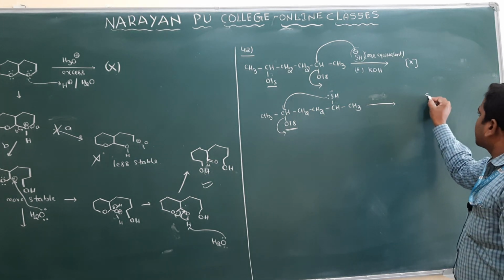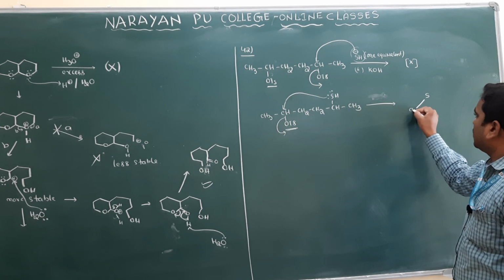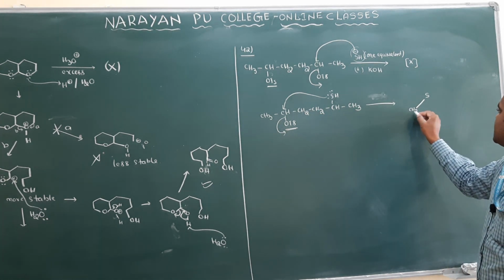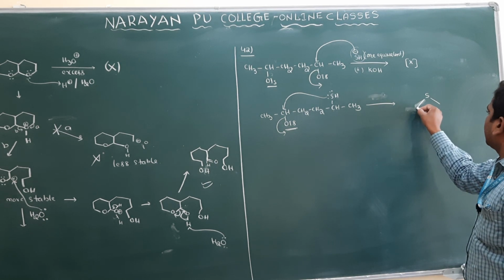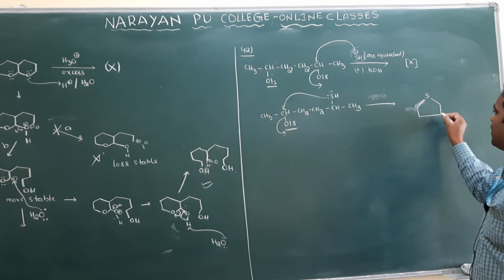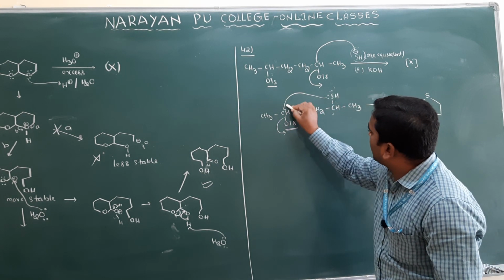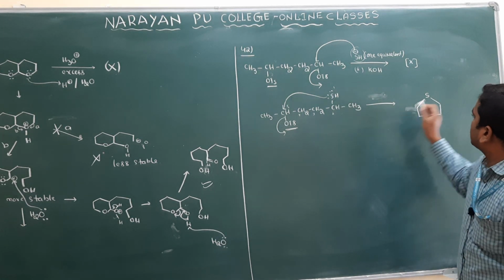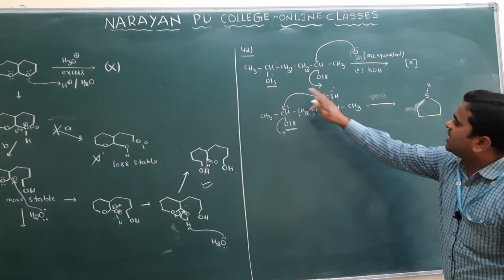See now, there is a sulfur, and here CH2, CH2, and the next one CH2, a 5-member ring. Clear? Now I will take 1, 2, 3, 4 and 5. Our sulfur is giving electrons.